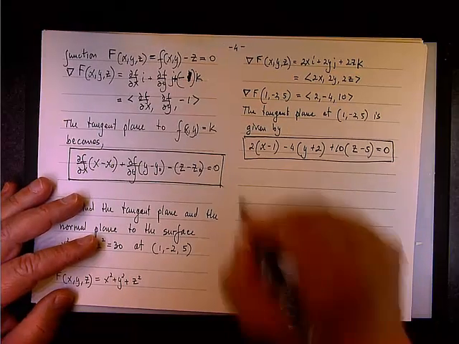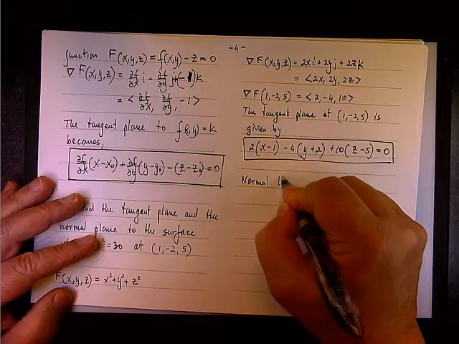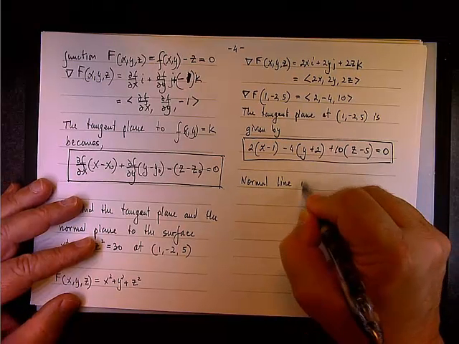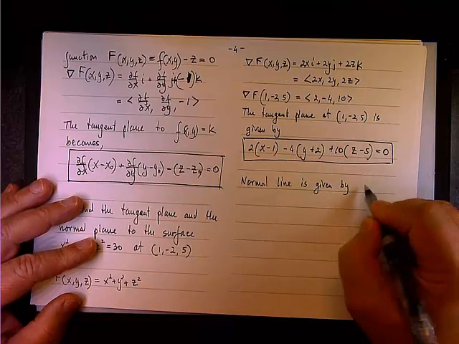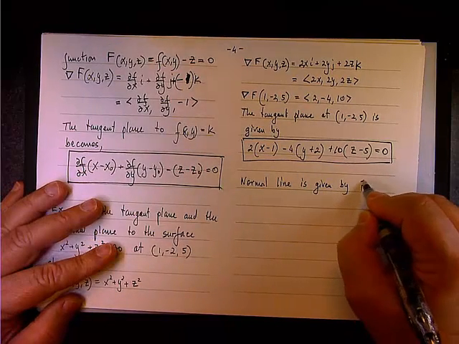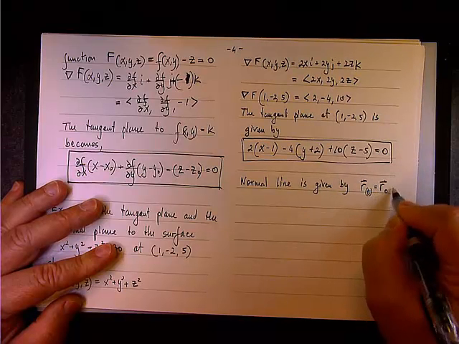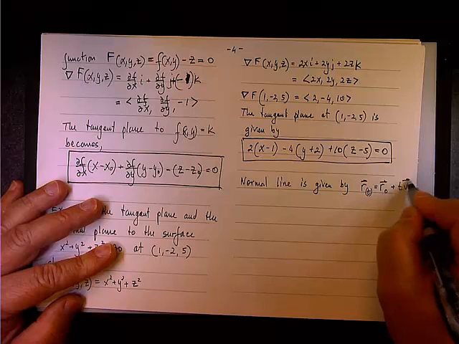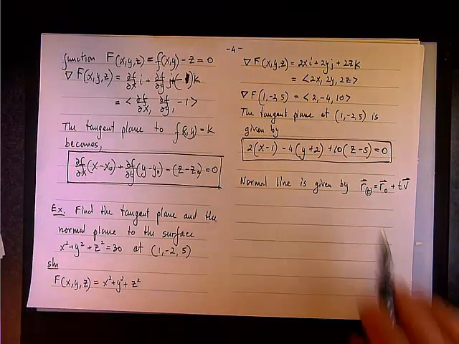All right. What about the equation of the line? What would be the normal line? The normal line is given by some vector r of t equal to the vector r sub 0 plus t v.